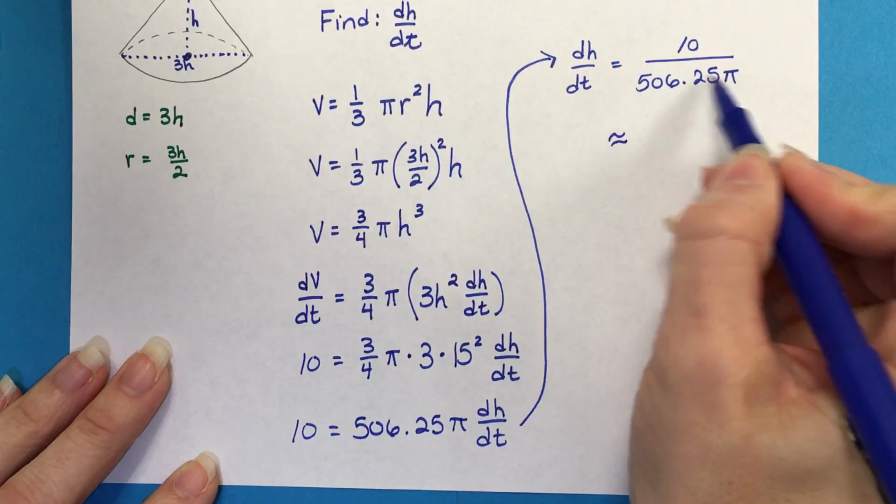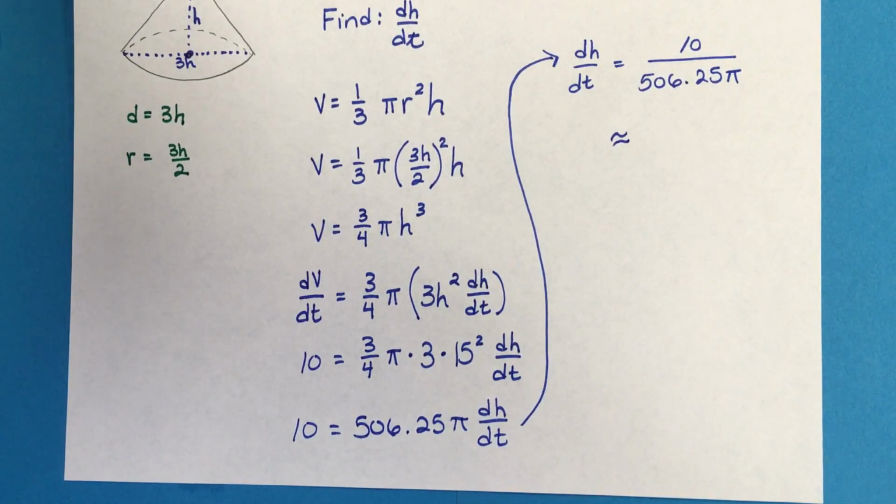When you put it in your calculator, you do need to put your denominator in parentheses. So 10 divided by 506.25 pi.